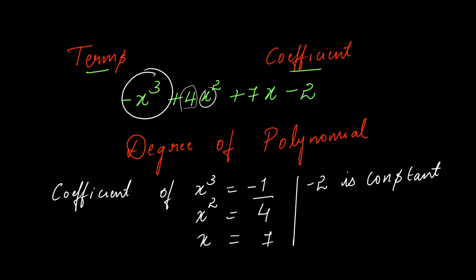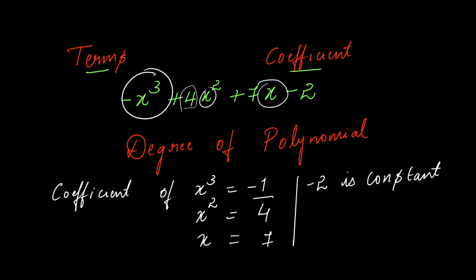And the last term is constant, where we don't have any variable. So what is coefficient? A coefficient is a constant which is multiplied by a variable. We have to write the constant of that variable as a coefficient.